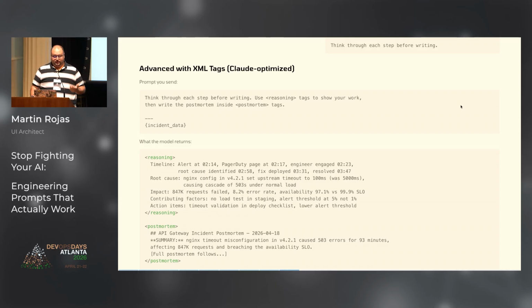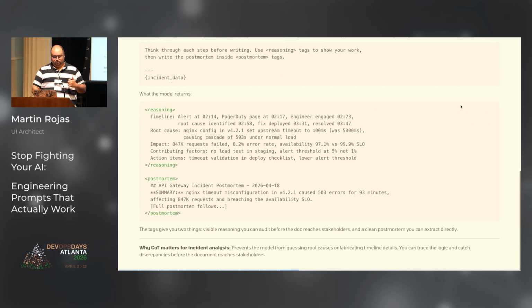But you can also say, hey, in your response, mark where your reasoning is, where your answer is. You're giving some specificity of how you want that answer. And it helps you understand how it came to the solution, especially if you're giving it more of a reasoning task.